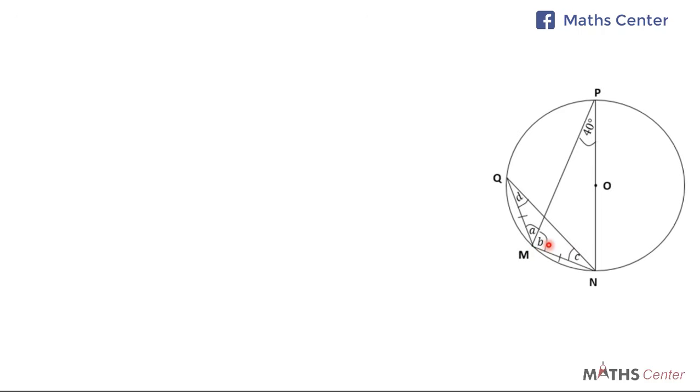So we can use that to find one of the variables. Now let's look at it very well. From this diagram, you see that the chord MQ is equal to the chord MN, because we have this bar here and this bar here showing that MQ is equal to MN.